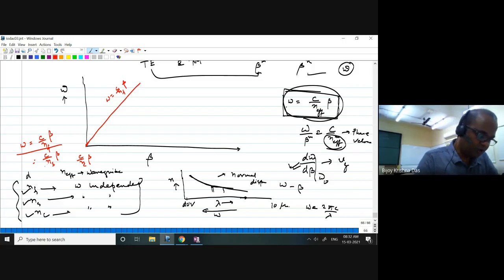Now if I plot the other one, how will it look? Higher slope. Another slope, so a higher slope will be there, right? Because the slope is higher, omega will be higher. I want to modify this a little bit.